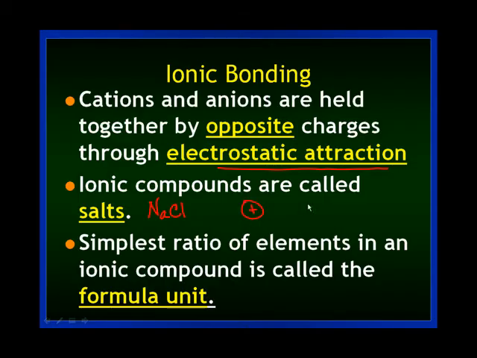And that's when you have a positively charged ion attracted to a negatively charged ion. Now, these ionic bonds are done in the simplest whole number ratios, and when you have those, it's called a formula unit. They're not called molecules. Molecules are reserved for covalent bonding, but ionic compounds form formula units, and that's another vocabulary word that you need to be familiar with.